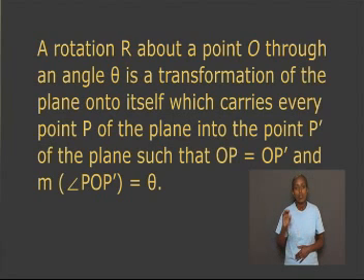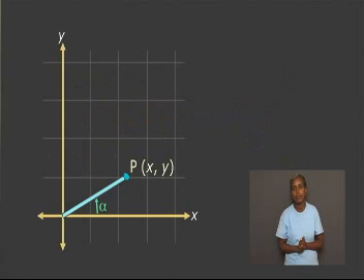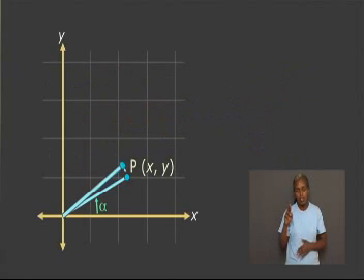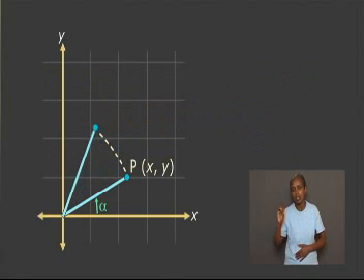O is the center of rotation, and theta is the angle of rotation. Let R be a rotation through angle theta about the origin.